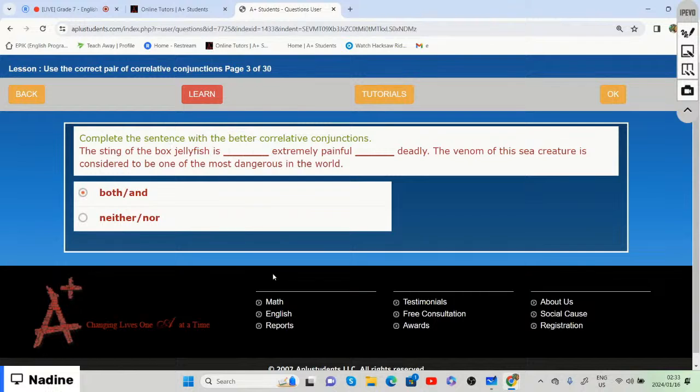The venom of this sea creature is considered to be one of the deadliest in the world. So we use both or and, to choose the better correlative conjunction in pairs.